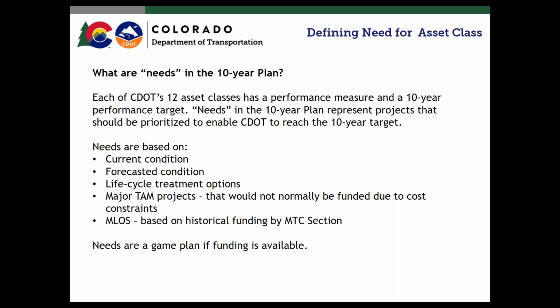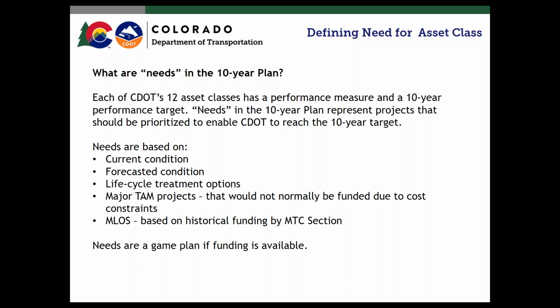But that falls outside of the scope of life cycle treatment options. For us to do asset management effectively, we have to spread that peanut butter really thin across some things and prioritize. However, when it comes to identifying needs on a 10-year plan, we absolutely wanted to identify those major TAM projects.